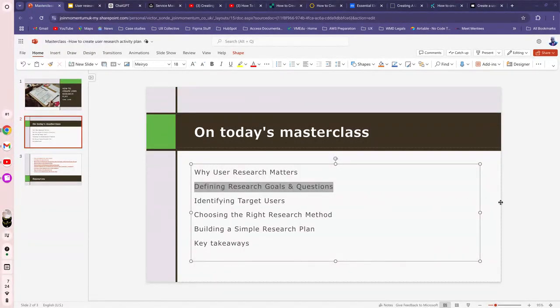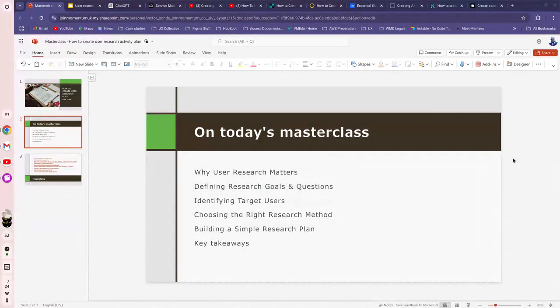I think we're going to have a masterclass focused on workshops, because the basic thing that a Join Momentum associate must be able to do is to run a workshop. To drive a workshop, it's non-negotiable, right?